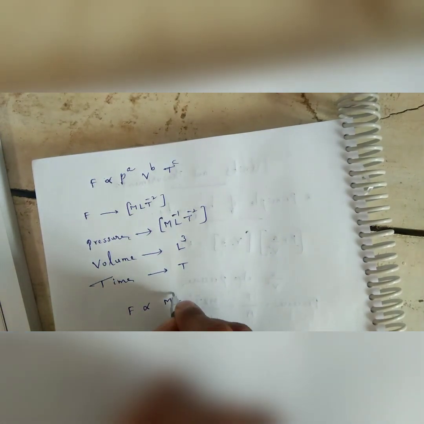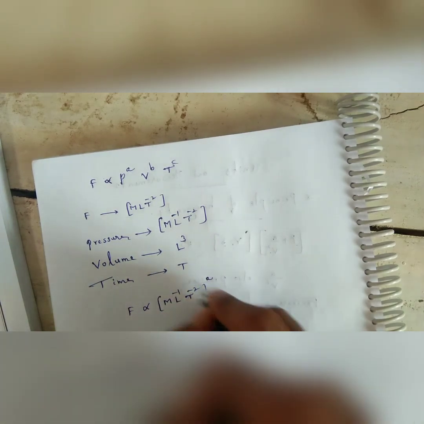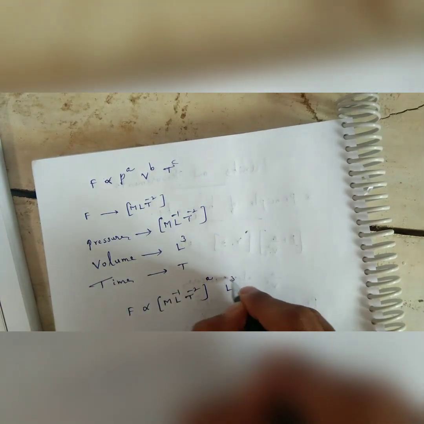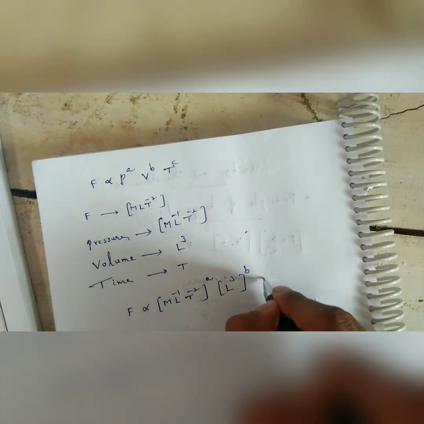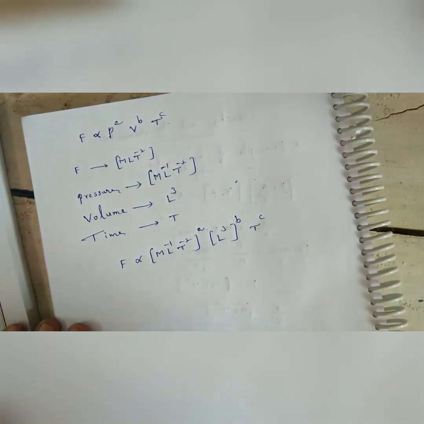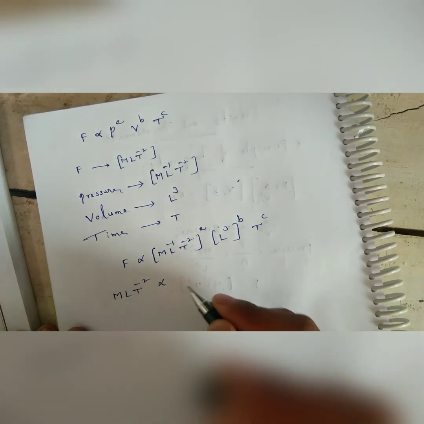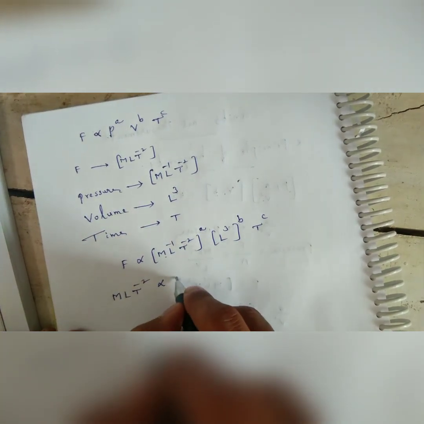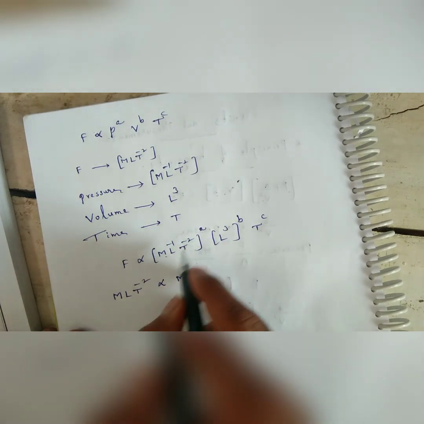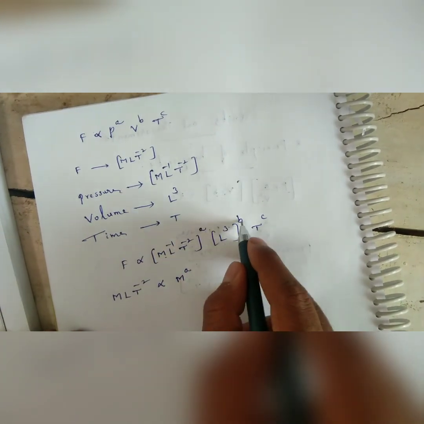F proportional to P, M L minus 1 T minus 2 whole power A, volume L cube whole power B, time T power C. The dimensional formula M L T minus 2 is proportional to M power A, M power A, L power minus A, L power 3B.